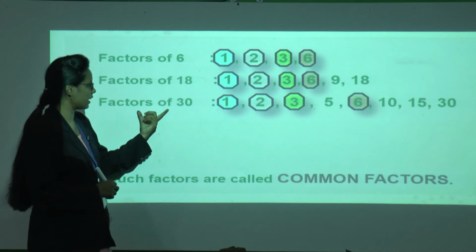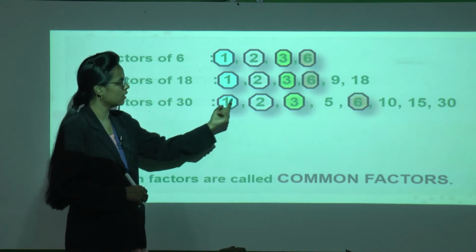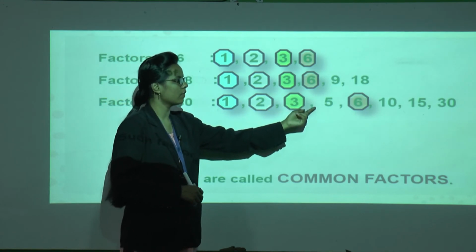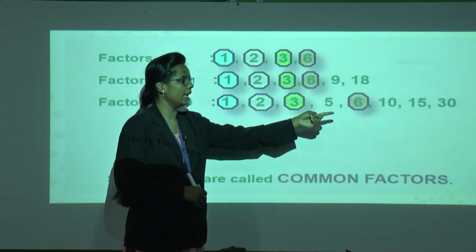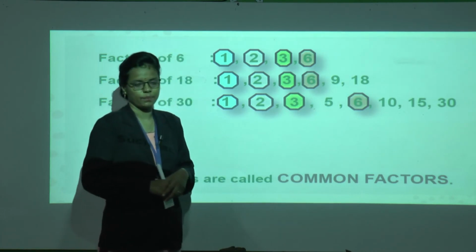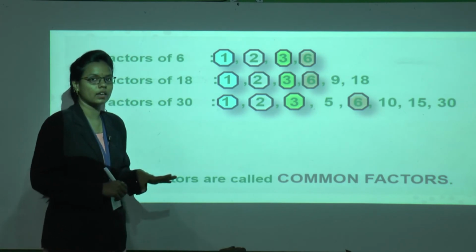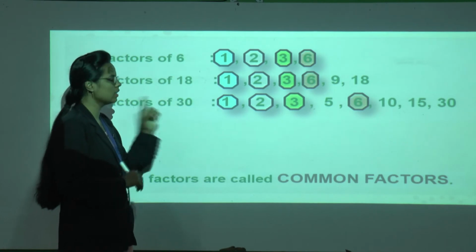Now we will find the factors of 30. Factors of 30 are 1, 2, 3, 5, 6, 10, 15 and 30. Now we have found the factors for 3 different numbers: 6, 18 and 30.